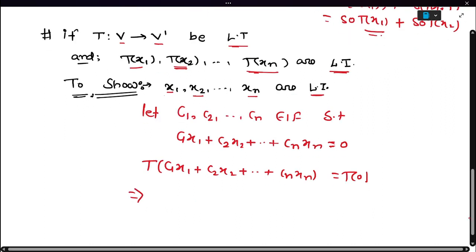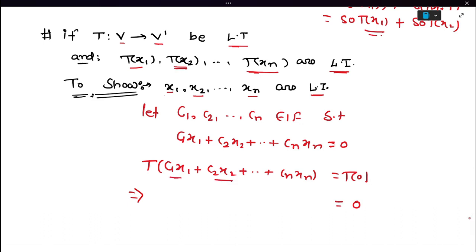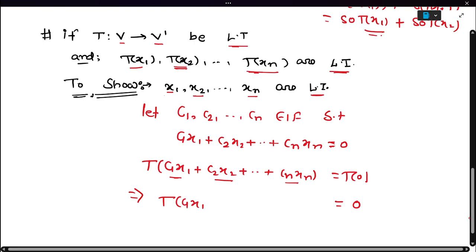Now in my previous lecture we proved that T of 0 is the zero vector, and since T is a linear map, we have the property of linearity, so we can write T of c1 x1 plus T of c2 x2 plus dot T of cn xn. How have we written this statement?